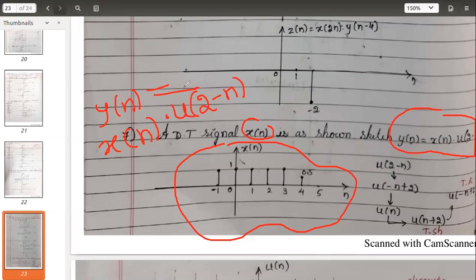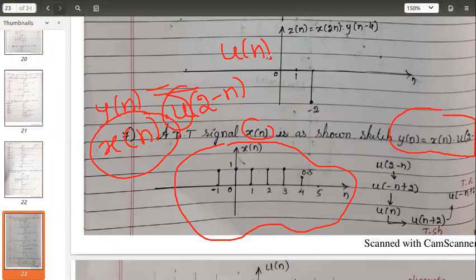Take this question. Okay, what all to do here? x of n as it is you have to take, but u of n, you know how to draw u of n.